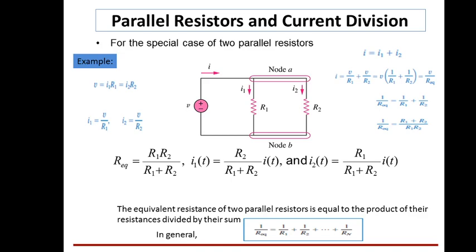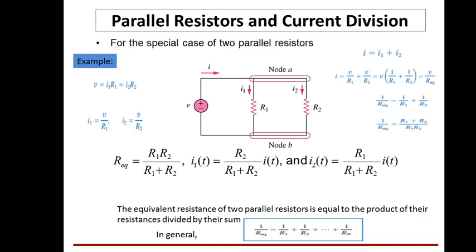Another simple thing while finding: just observe the figure. You can remember how to find it without writing. If you want to find out the first current I1 in the first branch, just take the total current into the second resistance R2 by the total value of resistance R1 plus R2.